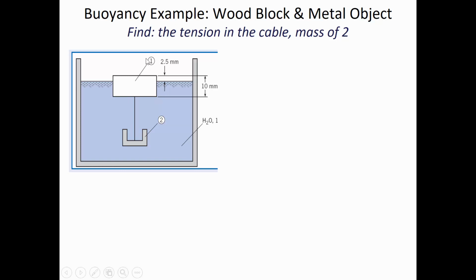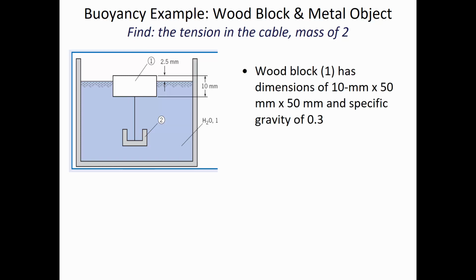So the example in the book says to find the tension in the cable and the mass of that object number 2. So here's what we know. We're given the dimensions of the wooden block. We're shown that it has a height of 10 millimeters, and that of that 10, 2.5 is sticking out of the water surface.